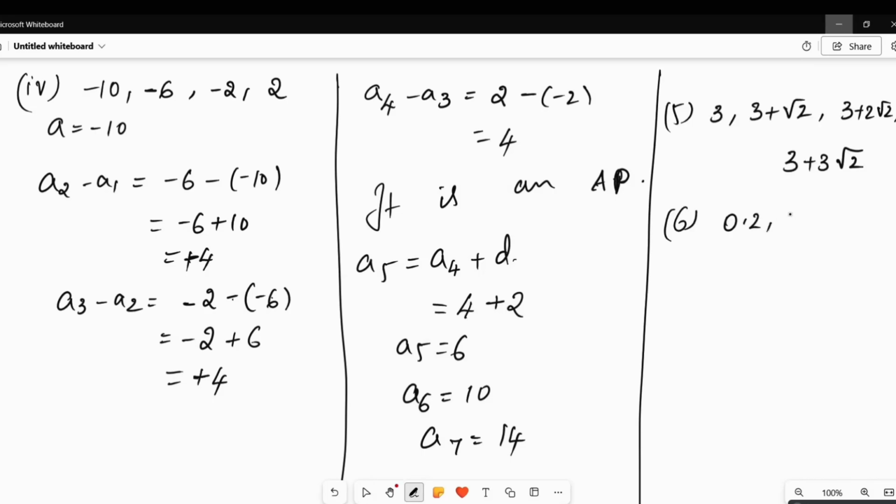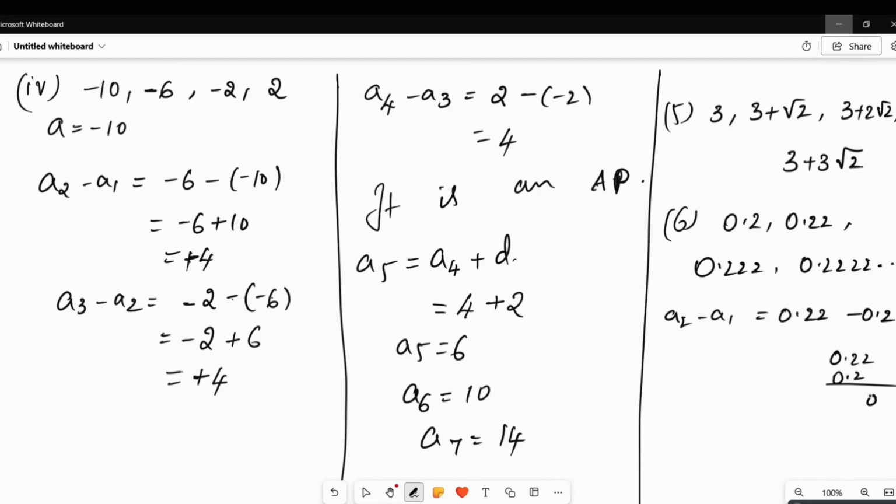Fifth one: 0.2, 0.22, 0.222, 0.2222, you have like this. So A2 minus A1 is 0.22 minus 0.2. A2 minus A1 is equal to 0.02 you will get.